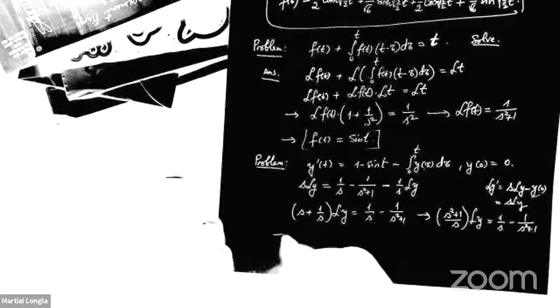Which turns into, and then sometimes here people are lost because they don't do the proper algebra. s plus 1 over s is first computed as s squared plus 1 over s. And then it's sent to the other side.